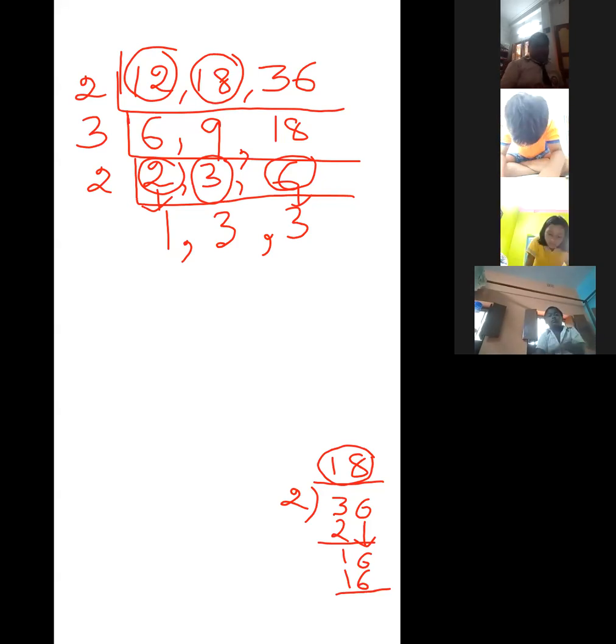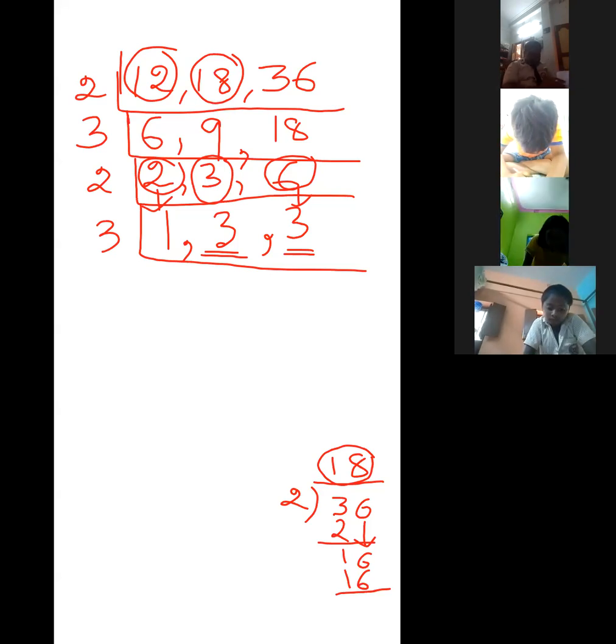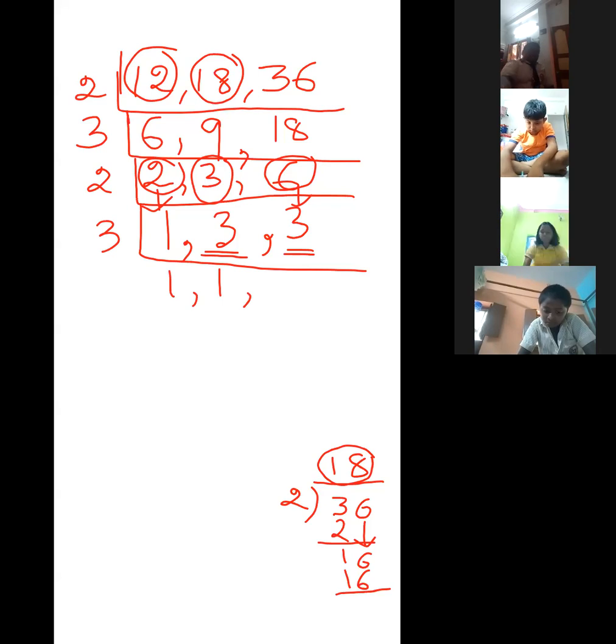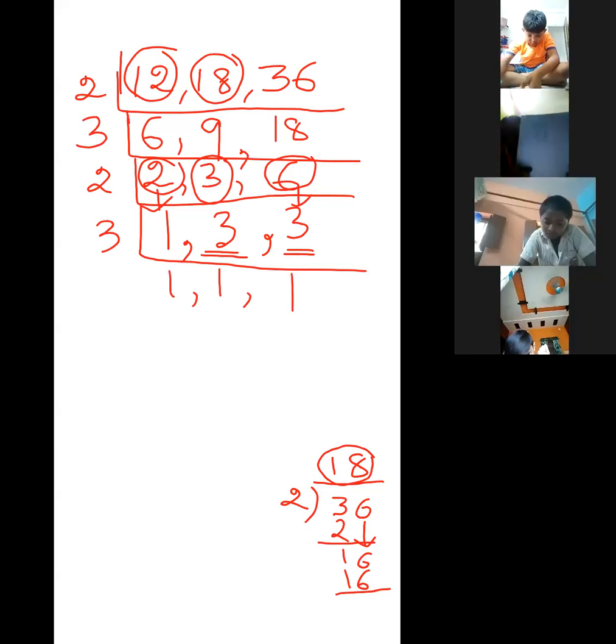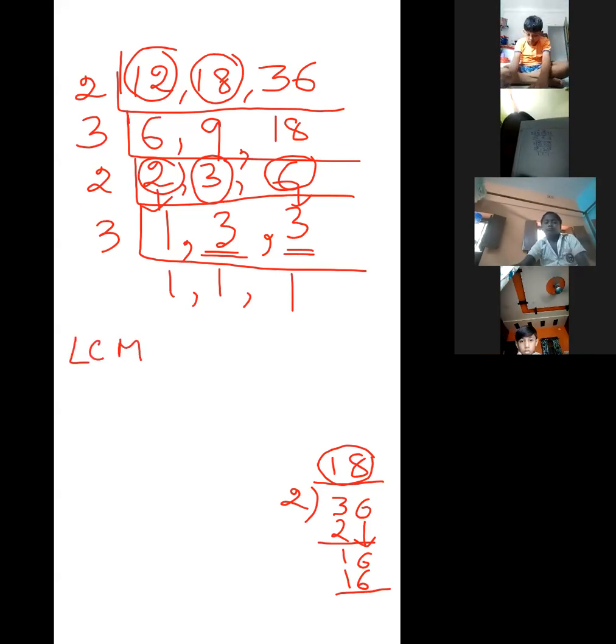Now again look, 2 3s are there, no? So let me take 3. Got it, understood or not? Yes, ma'am. Now multiply this one and say the answer.